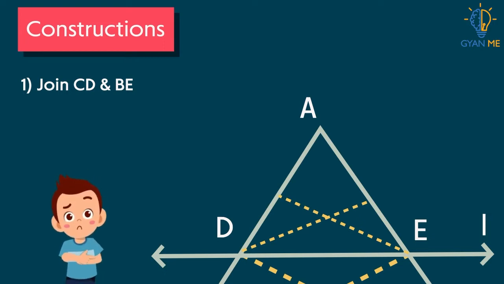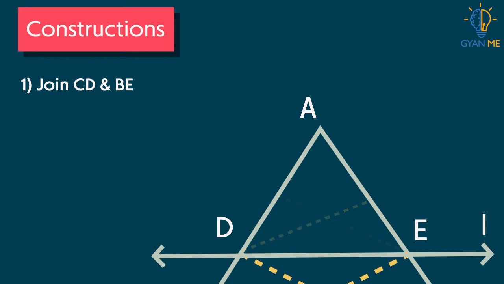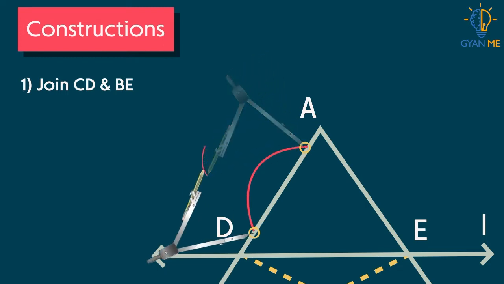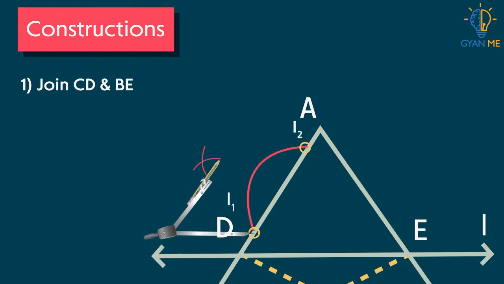But how will you draw these perpendiculars? Do you remember? I'm sure you must. Let's recall it. To draw these perpendiculars, take a compass and make a semicircular arc as shown on the side AD with a small radius. Now with this same radius, draw arcs from points of intersection I1 and I2 as shown.